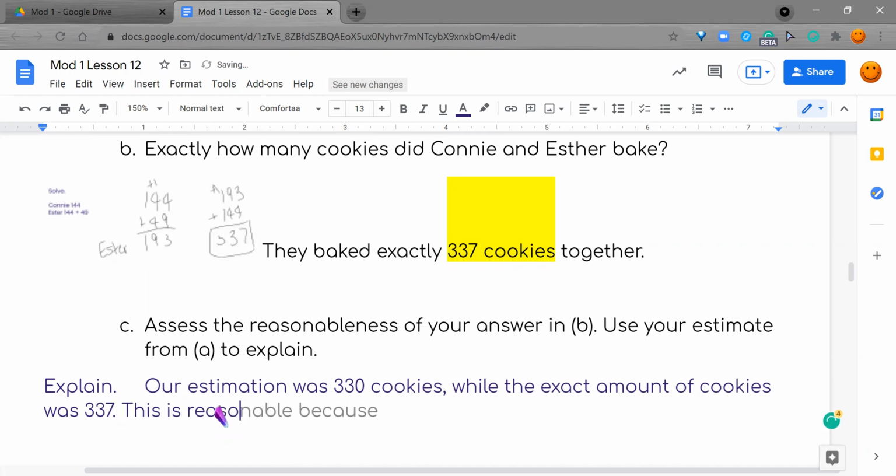This is reasonable because it is under 10 cookies. I don't know how to explain why it's reasonable, but I always do a 10 plus or minus 10. And as long as it's in that close of a range, being we were counting by tens, it's good. And it's because we rounded to our tens.